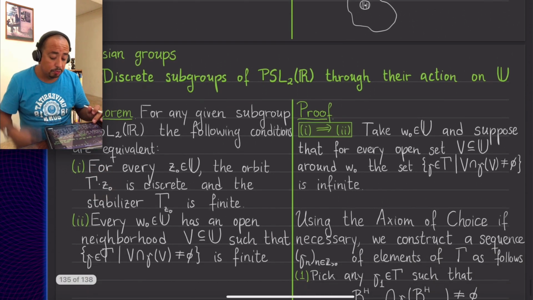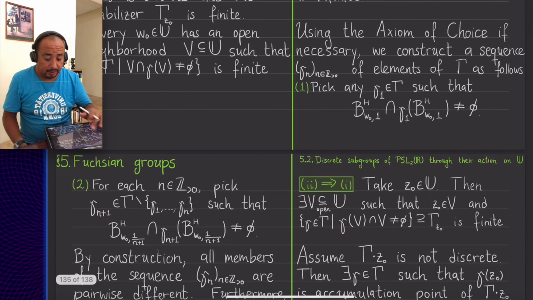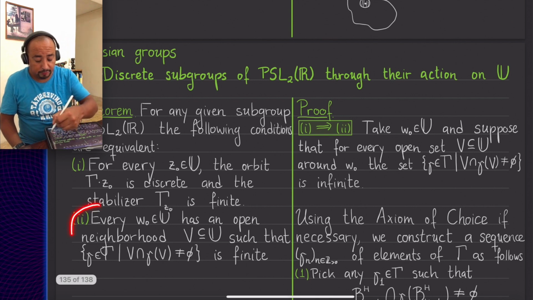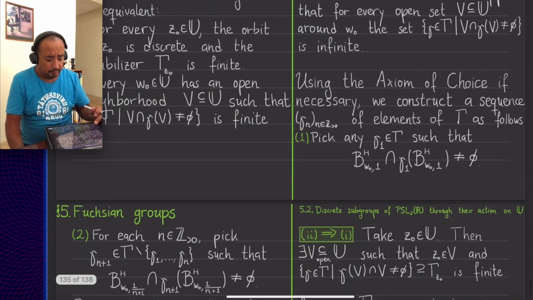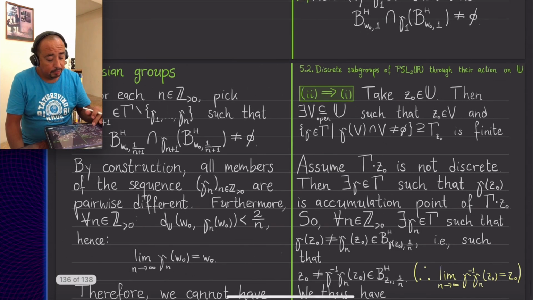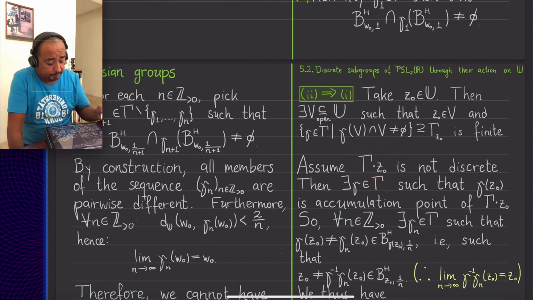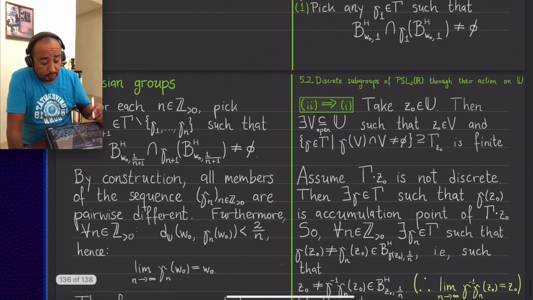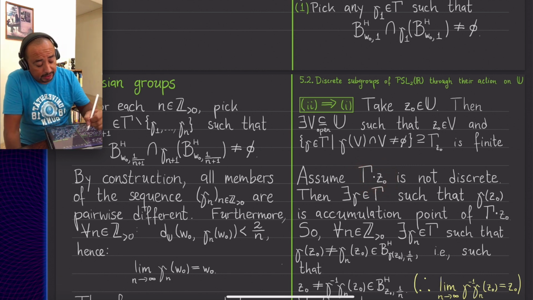So now I'm going to assume that it is not discrete, and then of course contradict my condition. So again it's a contrapositive. So assume the orbit is not discrete, which means that it accumulates in itself, right?